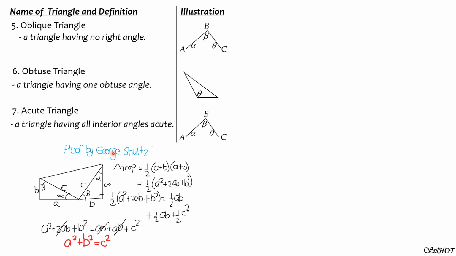There are so many proofs of the Pythagoras theorem, but the one presented by George Shultz, one of the cabinet members of President Reagan, as mentioned earlier, is this. So we have here a right triangle. This is a right triangle, 90 degrees here.